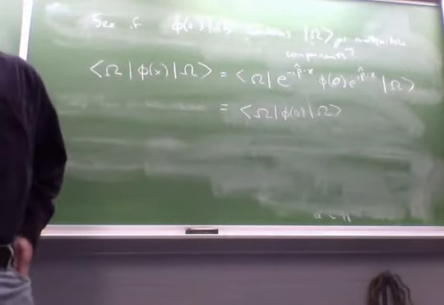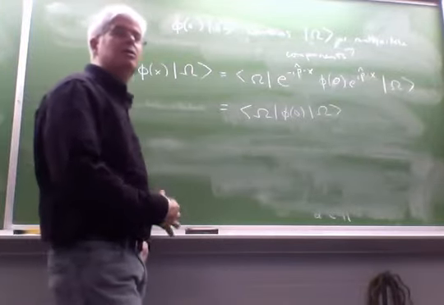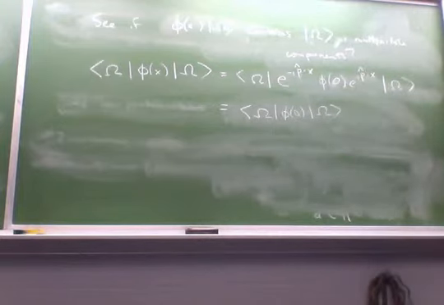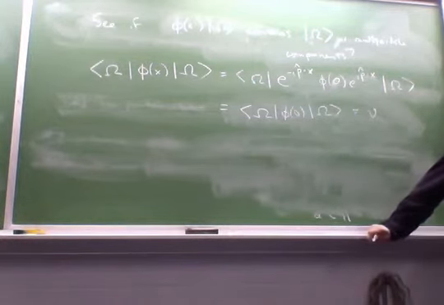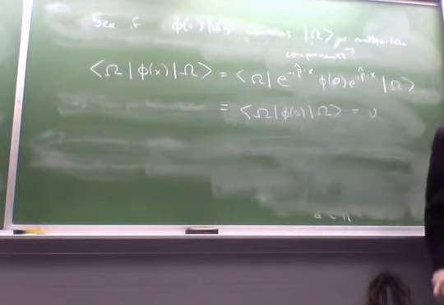It's a number that just depends on the parameters of the theory, like the mass and the coupling. It's going to be some function of those. Okay? So I'll give it a name. I'll call it V. V stands for vacuum expectation value. It's the expectation value of the operator phi in the interacting vacuum.